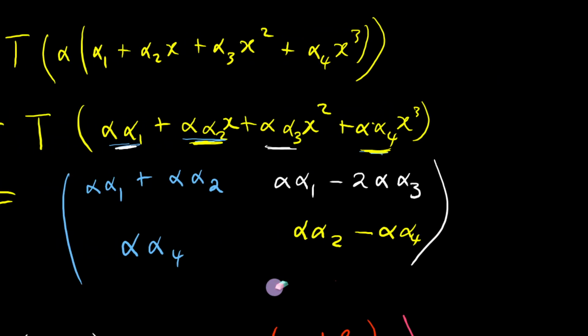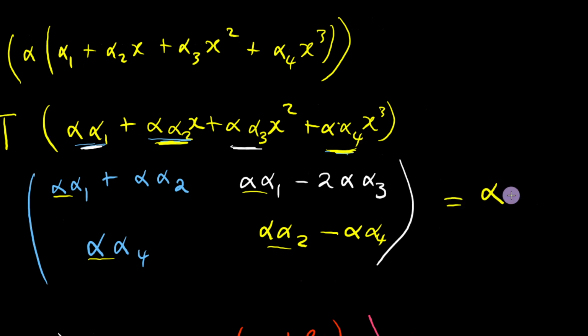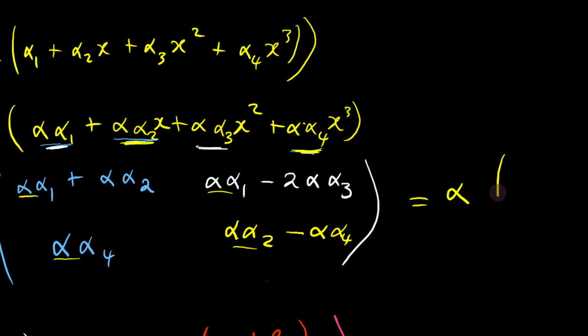Then what we're going to do is, we see that alpha here is appearing everywhere. So we can basically just factor out the alpha. So this will be equal to the alpha factored out. And what we'll remain with is a matrix that has alpha 1 plus alpha 2.